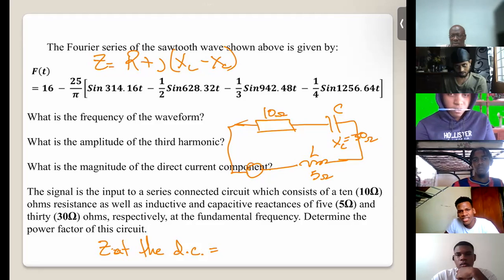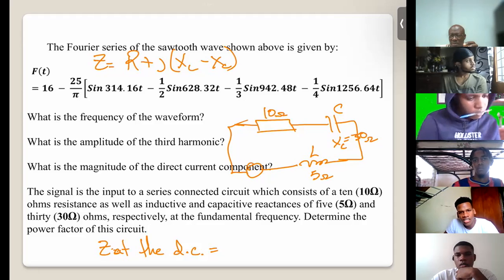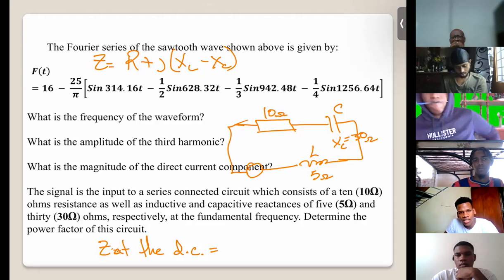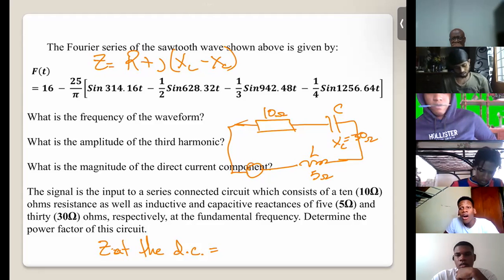Why? Because there's no frequency. The frequency is 0, and therefore XL is given by what formula? 2 pi FL. Good. So XL is 0. But what would XC be equal to? 1 over 2 pi FC.